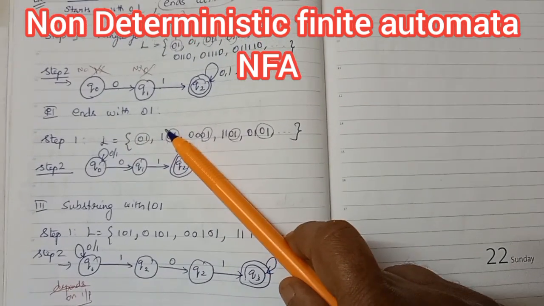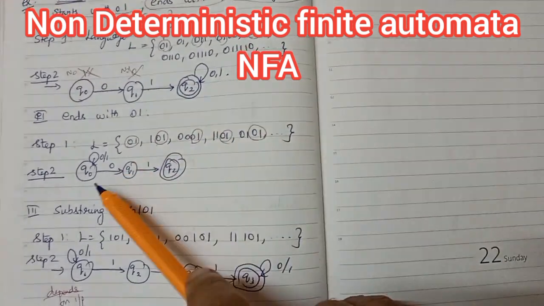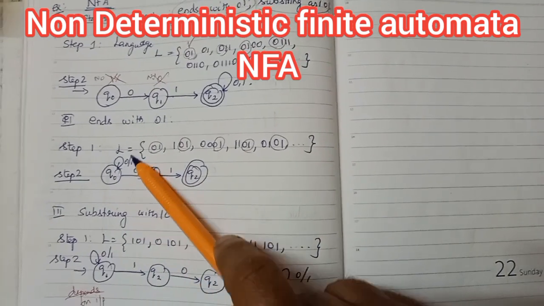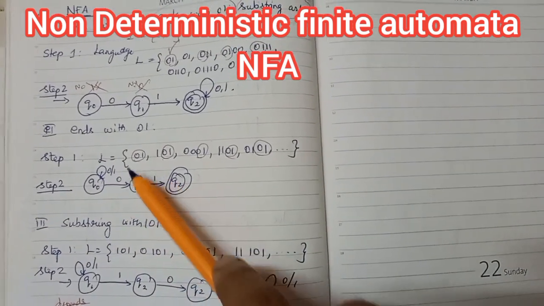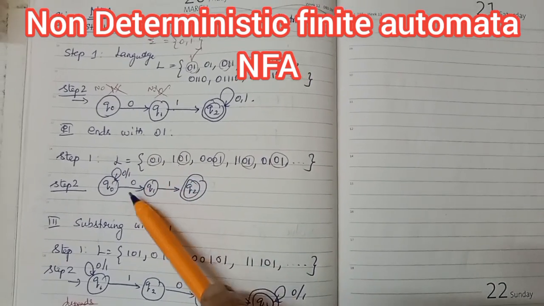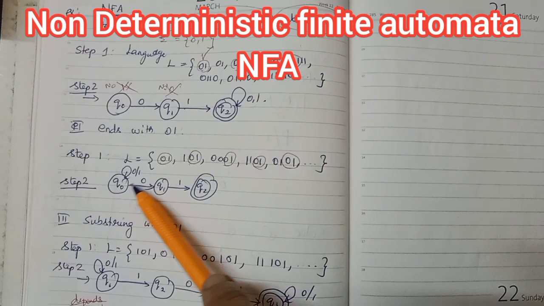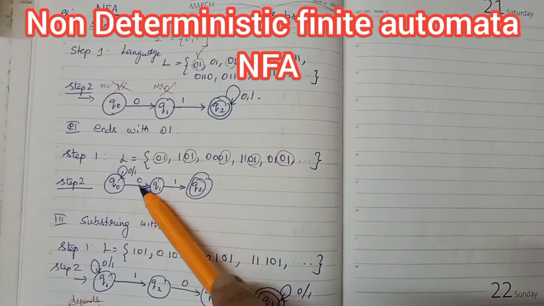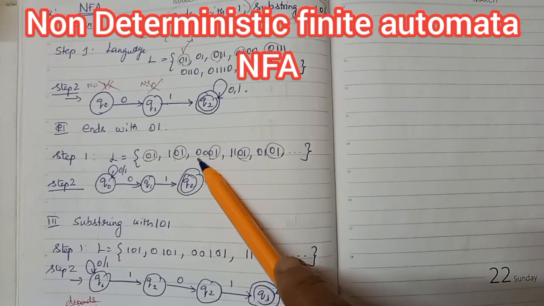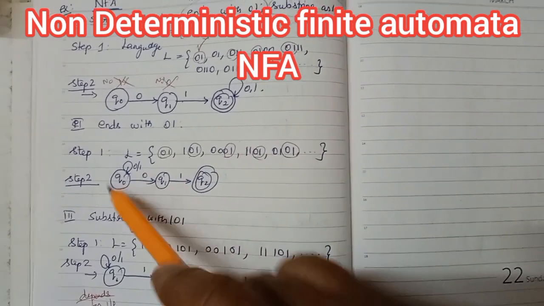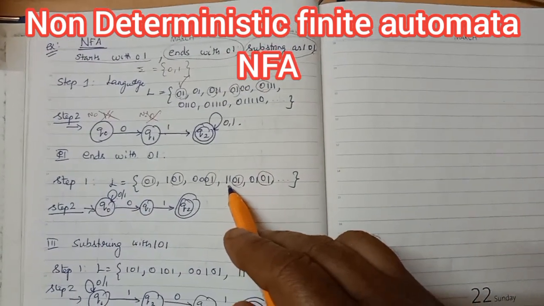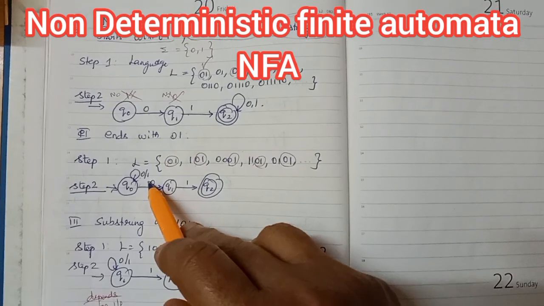Now the language that ends with 01. Here is the beginning, and here is the end point. In the beginning we may have any number of inputs, and 01 is the basic NFA at the end: Q0 taking input 0 goes to Q1, taking input 1 goes to Q2. What about the beginning? We may have 00, so in the beginning state we should have a loop for 0, and a loop for 1, so 11 is also possible.